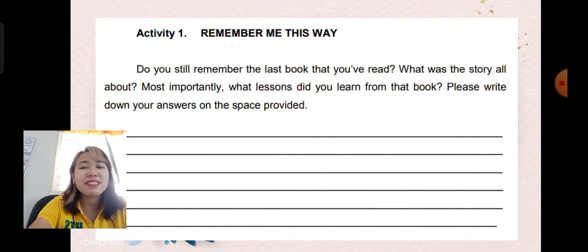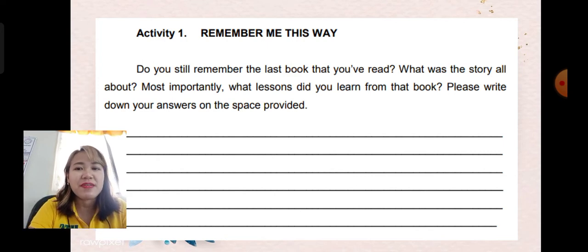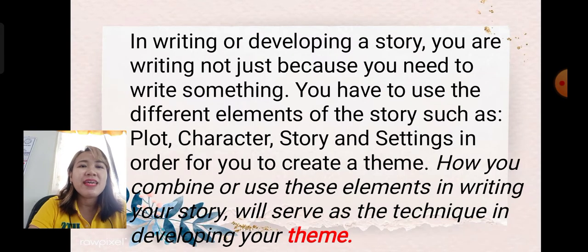So, hindi lang tayo basta babasa, kundi aalamin natin yung elements of the story for us to know deeply yung binabasa natin. Okay? So, in writing or developing a story, you are writing not just because you need to write something.